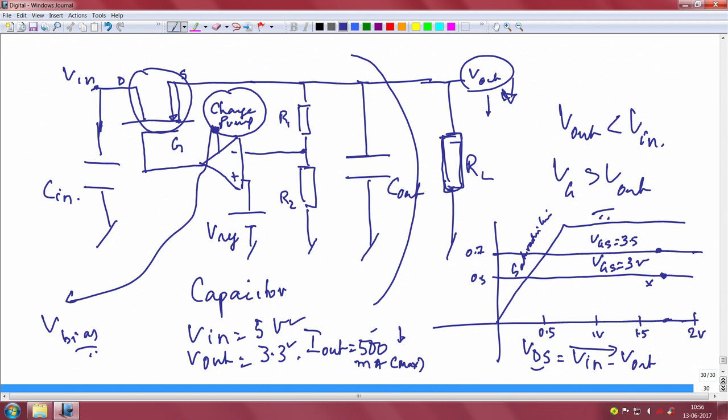So, you can see that unless you increase VGS, sourcing the required load current will not be possible.